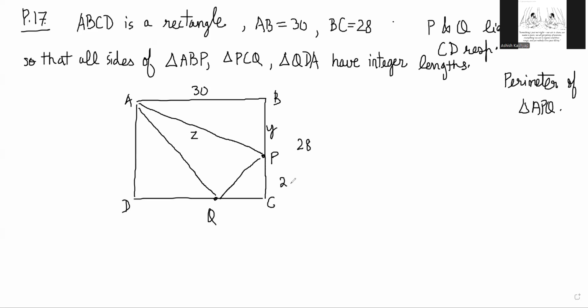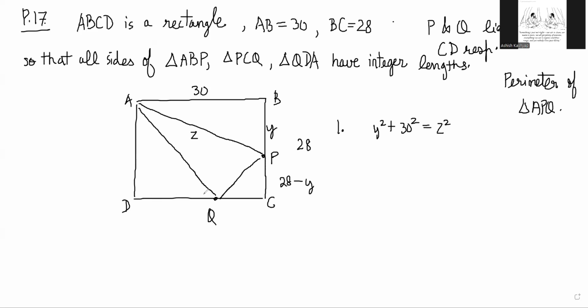This becomes 28 minus y. So first of all, we have an equation y square plus 30 square is equal to z square, right? Yeah.